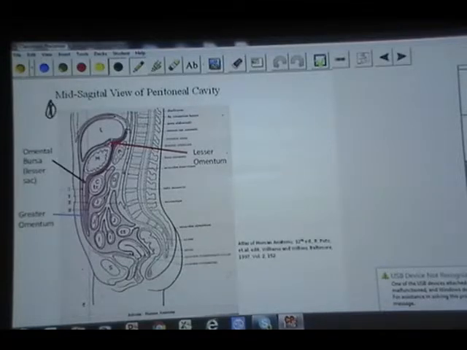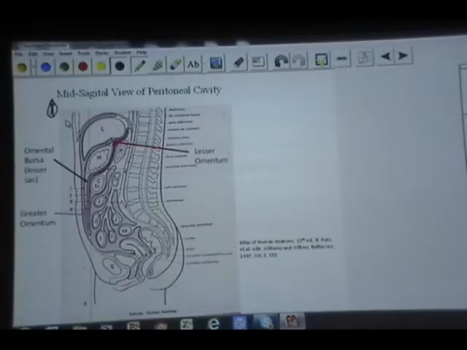Now, if you notice, they're not covered with peritoneum. They are actually behind the peritoneum. So, as organs that are not within the peritoneal cavity, they are said to be behind the peritoneal cavity, or what we call retroperitoneal.